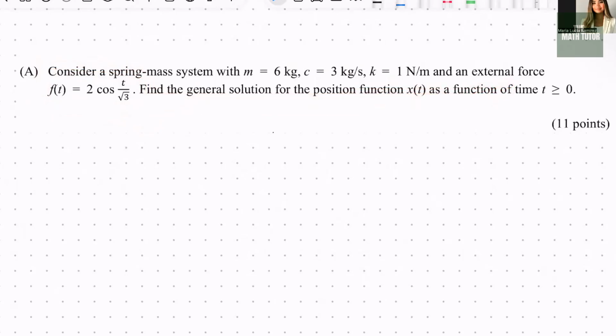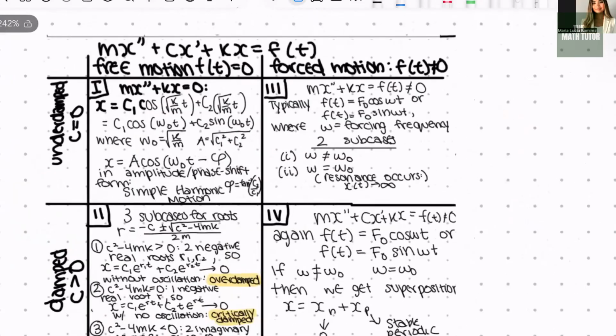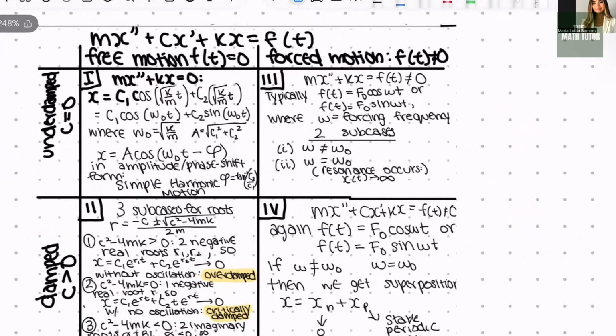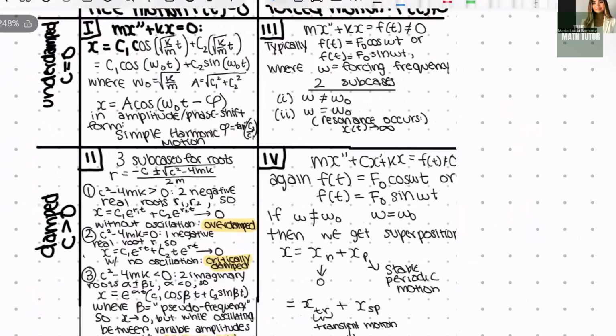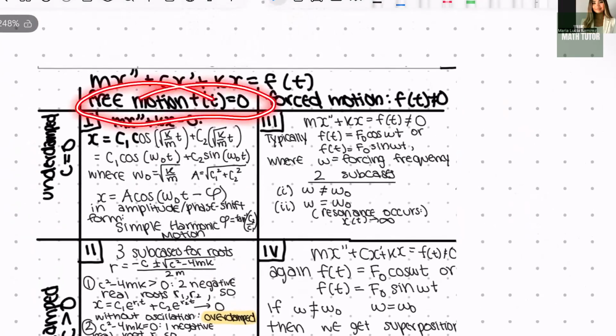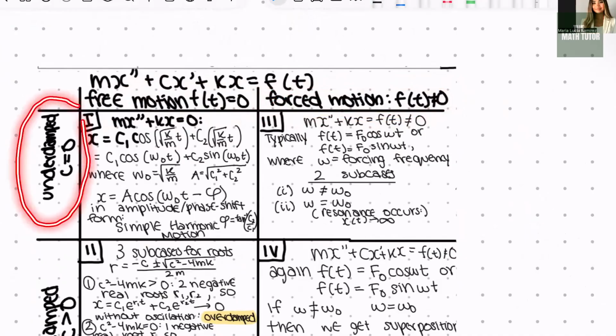On my final, I was given a cheat sheet. It breaks it down into 4 different types of problems. You have the free motions, and then there's also forced motion. For this problem, we're gonna go into this category, and then we're gonna check if it's underdamped or damped.